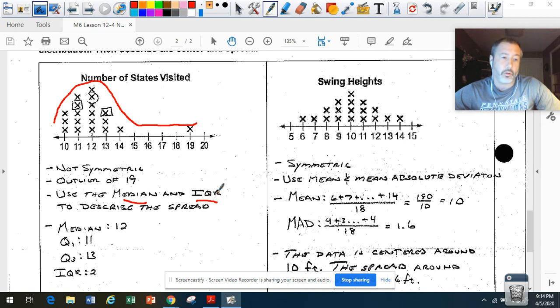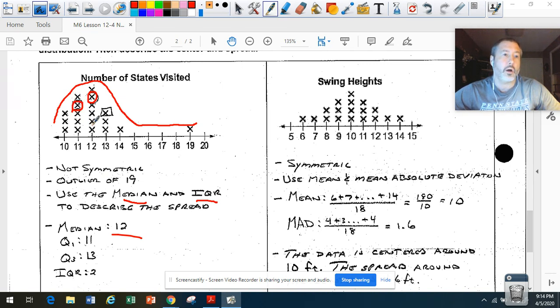Okay, so let's take a look here. What I did, I went through and found our median. The median was 12. Here's my 12th one right here. Then I needed to find my Q1, so I had to break this section up in here, and I found my Q1 to be 11.